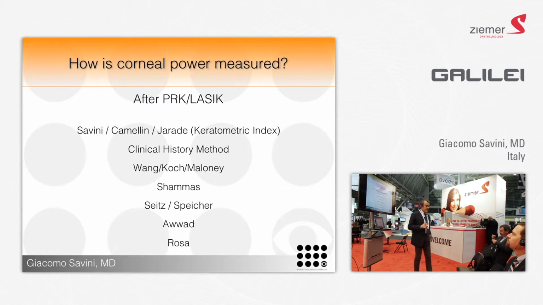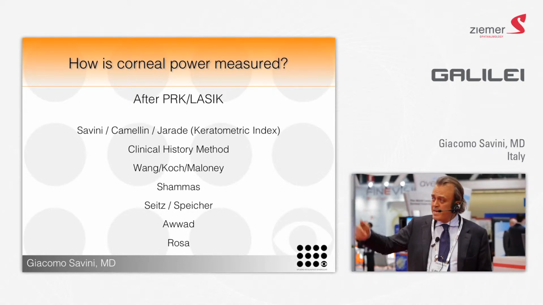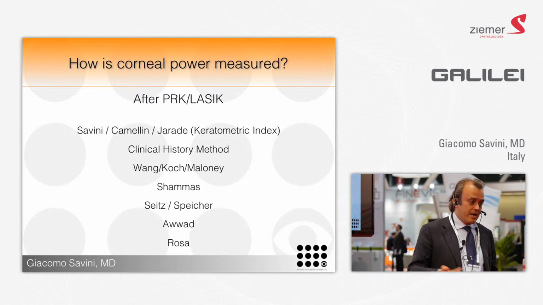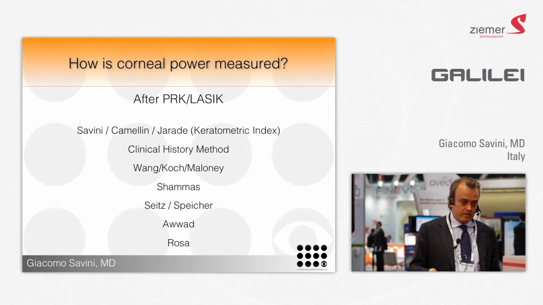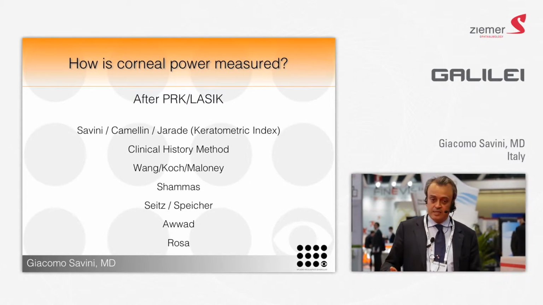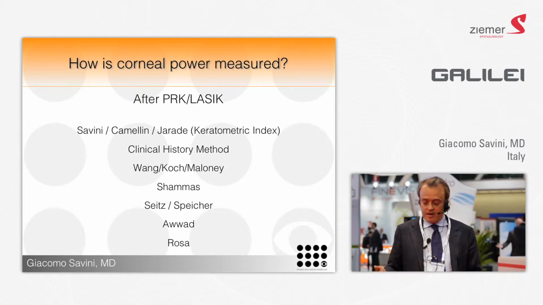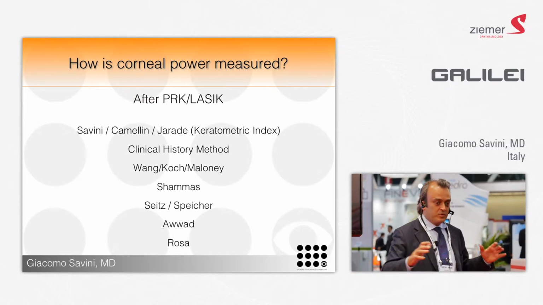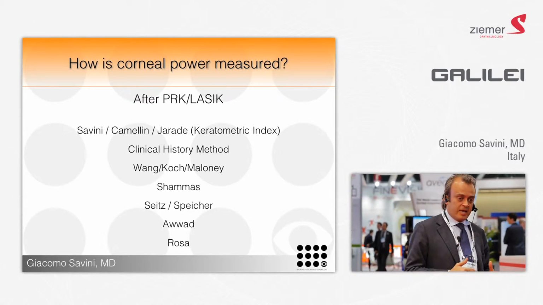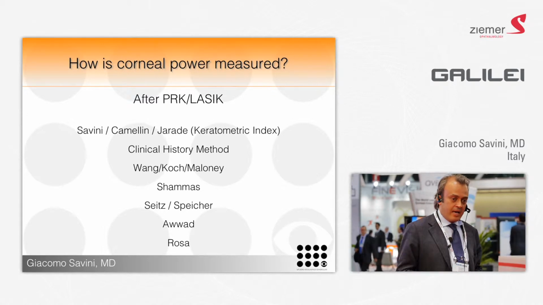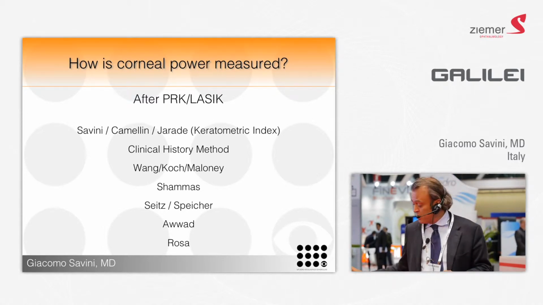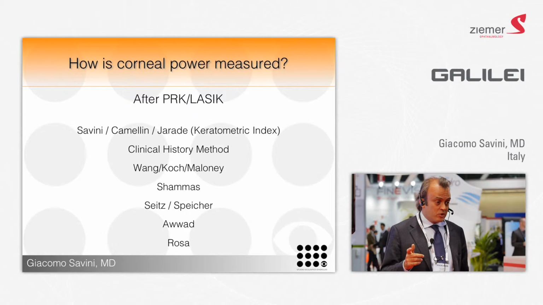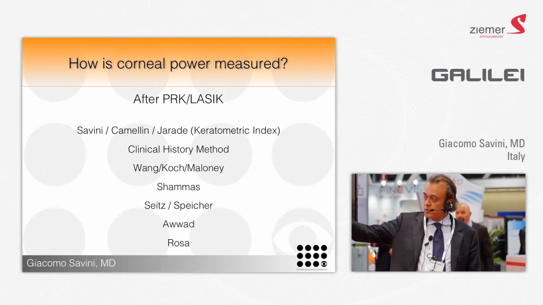So how can we usually measure the corneal power after refractive surgery? There are many methods. Some of them are in the ASCRS calculator online, others are not. Some are more accurate, others less. But you have to put them in Excel to calculate. It's not as easy unless you go on the ASCRS website, which does not contain, however, the most accurate one, which is this one.